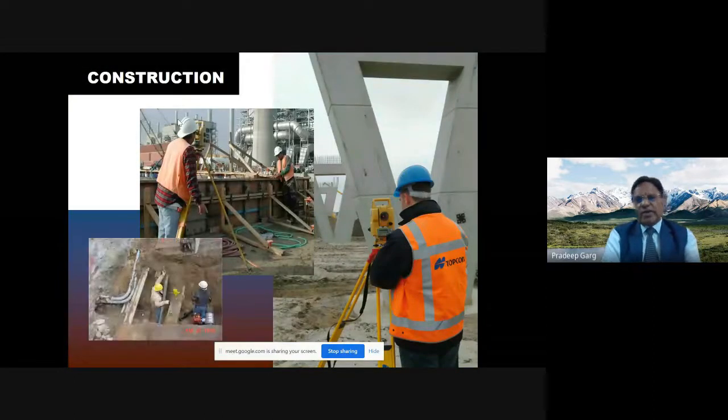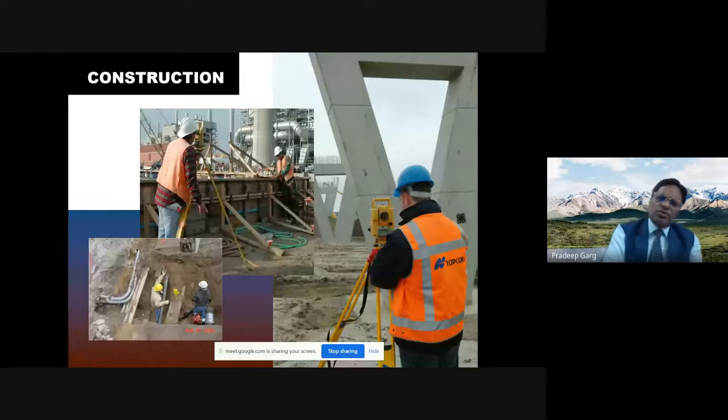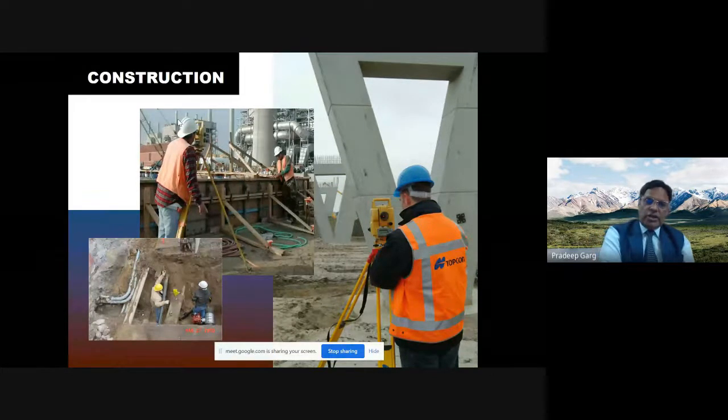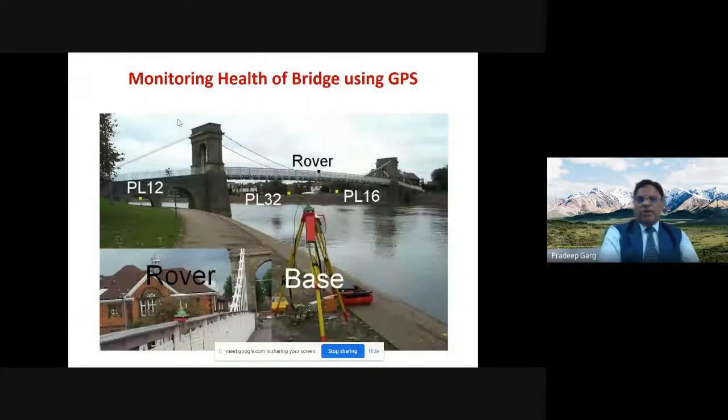So whether it is the construction industry, in construction industry, some of the machineries are to be installed on a firm ground, or at a certain height. So all that data in the industrial area can be provided with the help of the GPS. If you want to monitor the health of the bridge, because in our country many of the bridges were built during the British time, very old bridges.